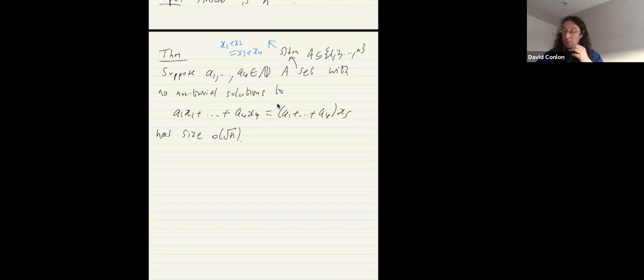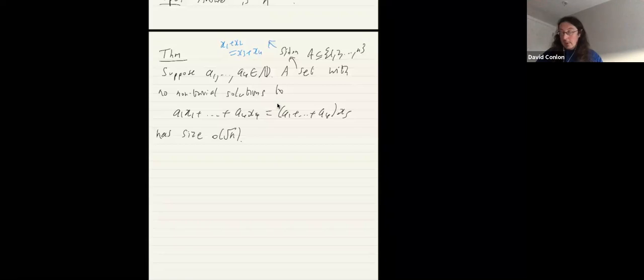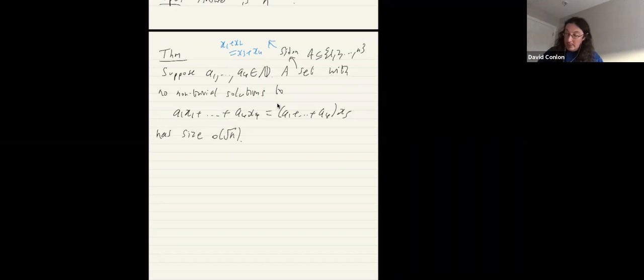And again, big O root n is easy because Sidon sets have to have size root n or smaller. But what this is saying is that if you add in this extra translation invariant equation, then it drops to little o root n. And actually, you can guarantee that x1 up to x5 are distinct as well.